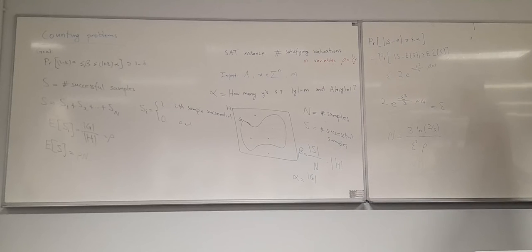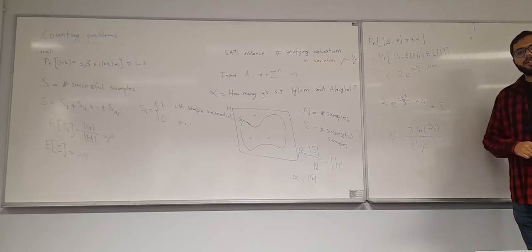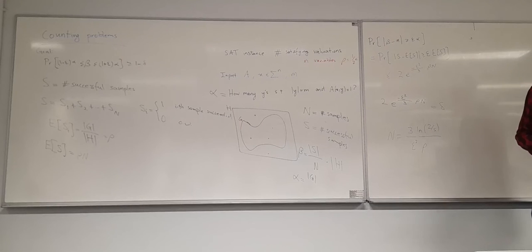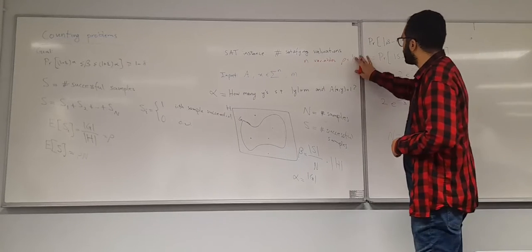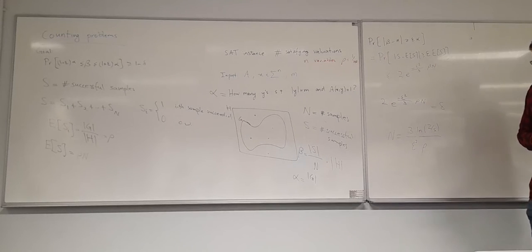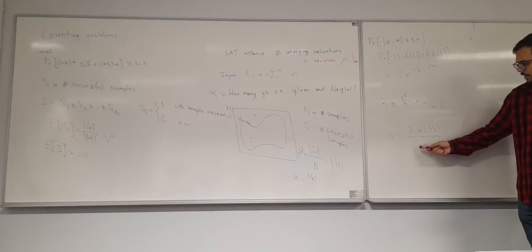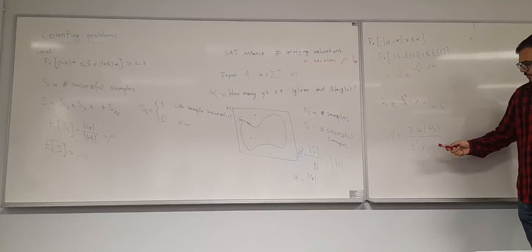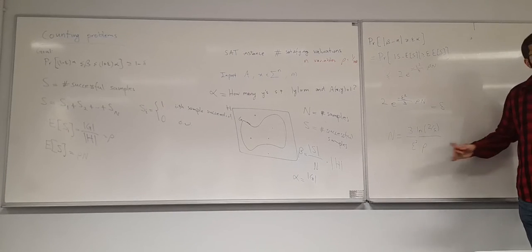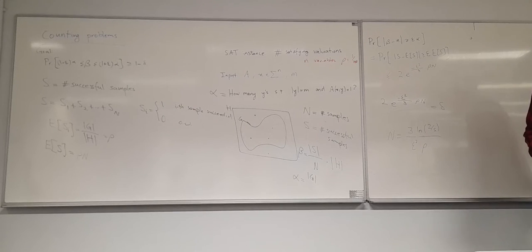So I saw that if my ratio is 1 over 2 to the power of n, then my number of samples would become exponential, and that's too bad, right? Of course, if my ratio is a constant, for example, 1/100, then this number here would be something that is just a polynomial in 1/epsilon and log of 1/delta, and then it gets multiplied by 100, that's fine. It's still polynomial, right? But I can do better than this.